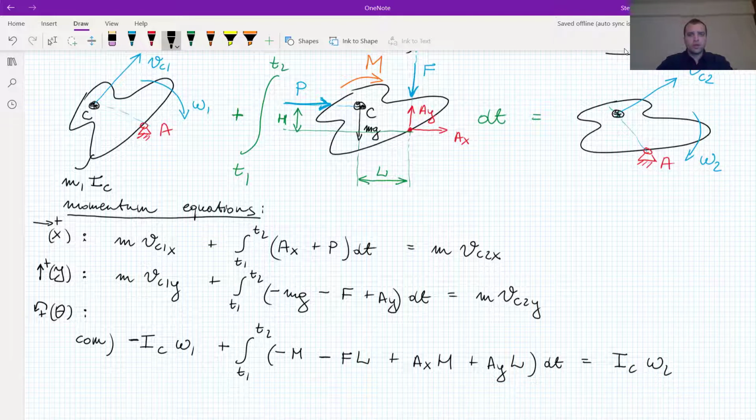However, we have a pin in the system, point A is a pin. So we can also write our rotational equation about point A, because it's a pin.